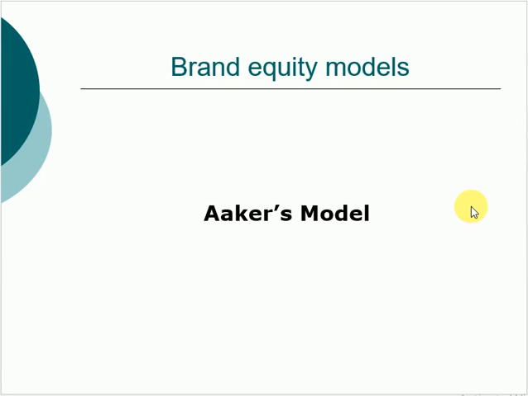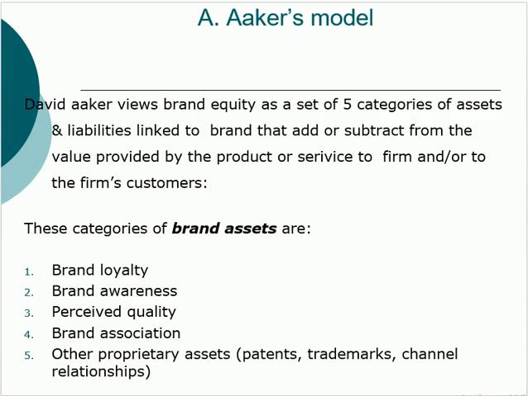Aaker's model. David Aaker's model. He discussed the brand equity models. David Aaker views brand equity as a set of 5 categories of assets and liabilities linked to the brand that add or subtract from the value provided by the product or service to the firm or to the firm's customers.